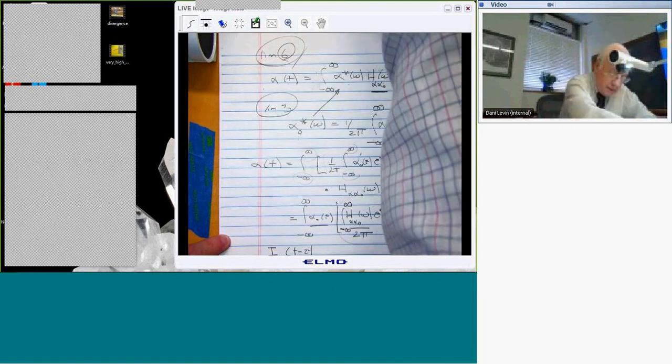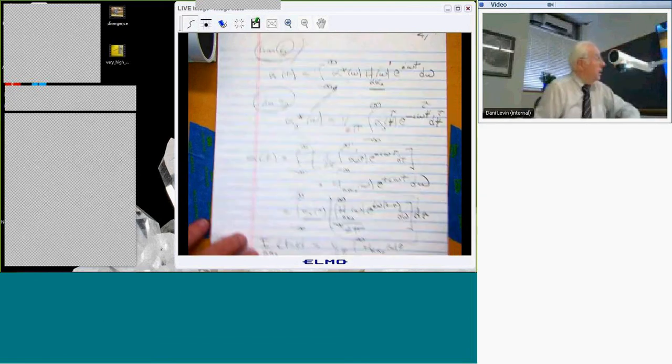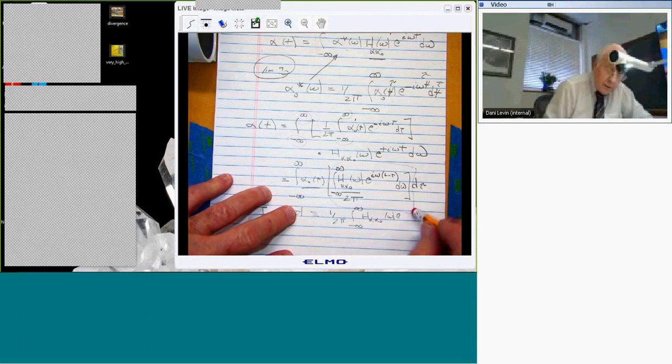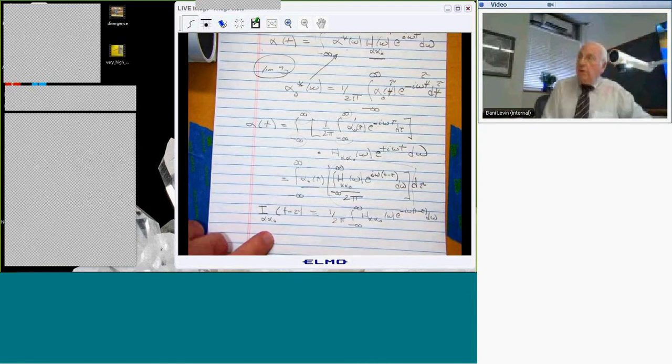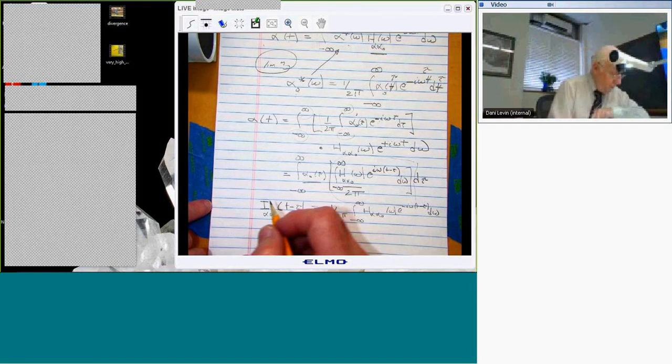So I'm going to define 1 over 2 pi, the integral from minus infinity to plus infinity of h alpha naught omega e to the minus i omega (t minus tau) d omega as some function of t minus tau. And we'll talk about what that function means in a moment. Okay, so this is a definition. I'll call this equation 8.